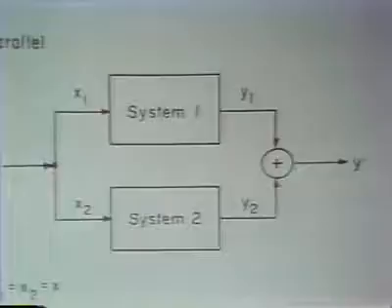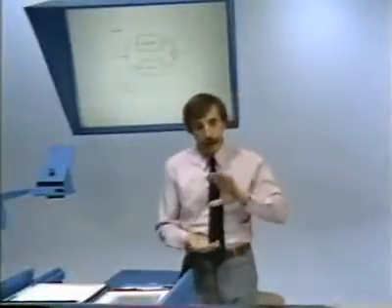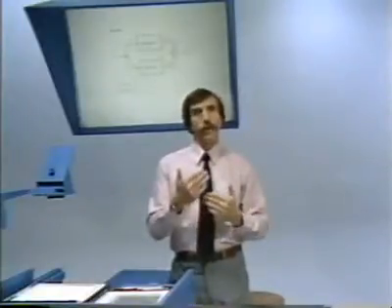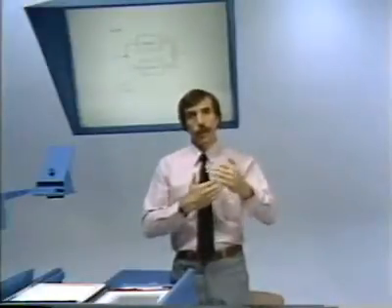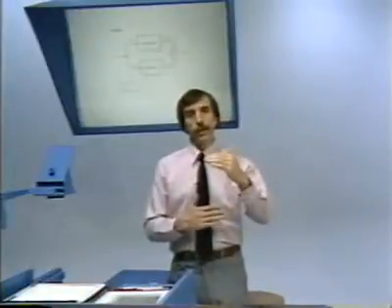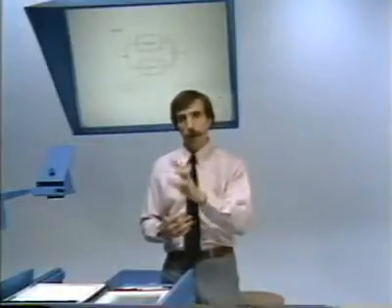Now, in this particular case, in contrast to a cascade, no matter what the systems are, in a parallel combination, the overall transformation is independent of the order in which they're put in parallel. And of course, that follows from the fact that we're simply adding up outputs, and the outputs can be added in any order because addition doesn't care in which order you're adding things up.